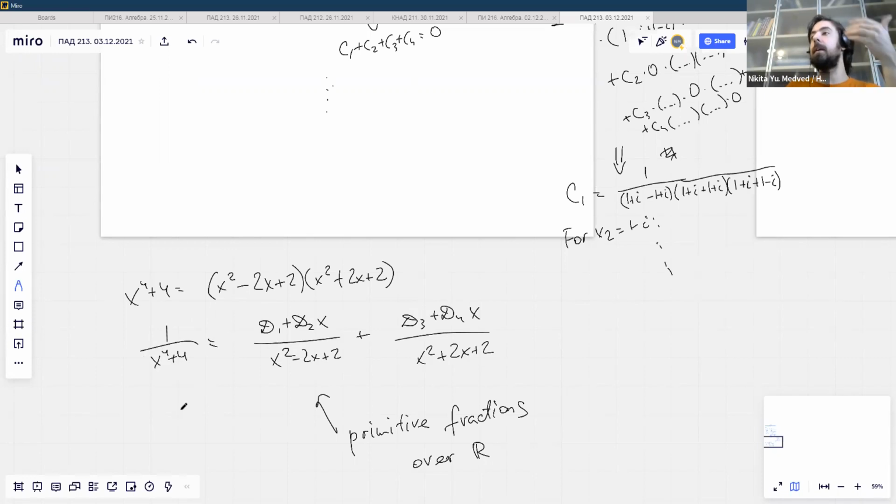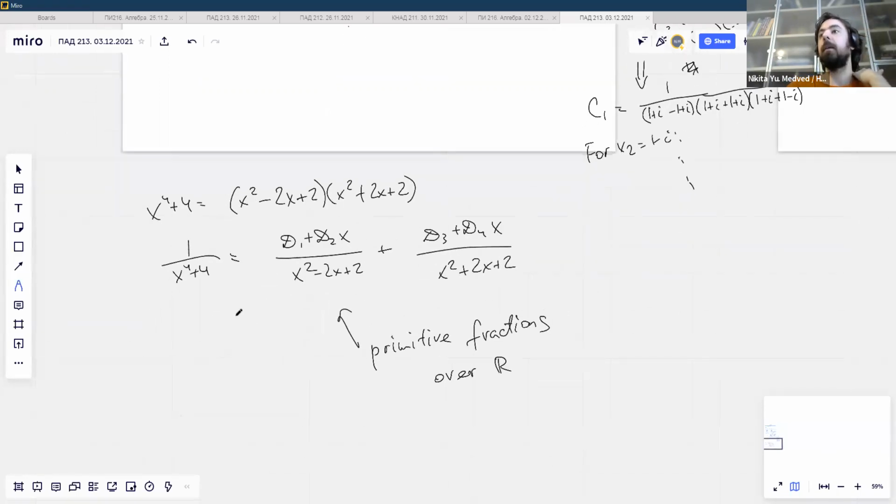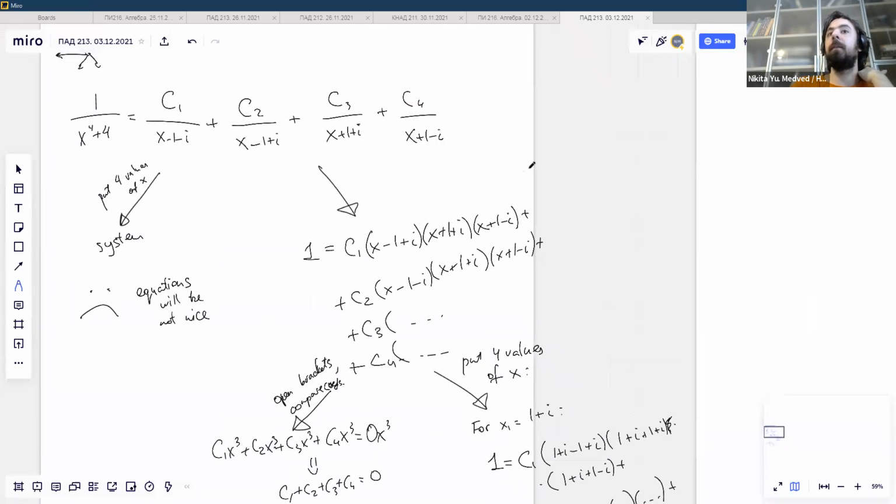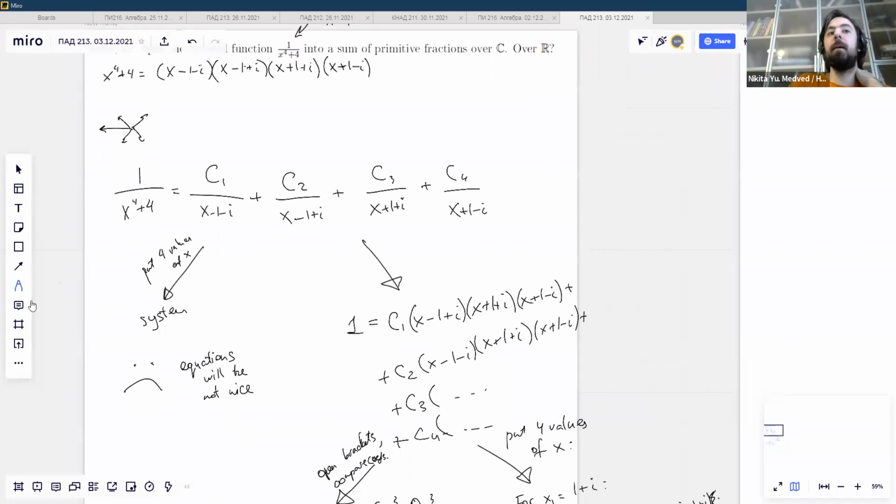But the easiest way is to first solve the previous problem, then take them as pairs. Like those roots are complex conjugate to each other, and those roots are complex conjugate to each other.